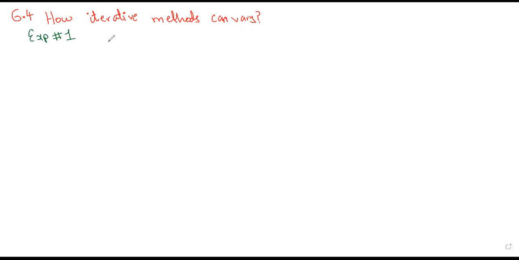The question is: x square minus 7x minus 3 equals 0 can be written in the form x equals 7 plus 3 by x.